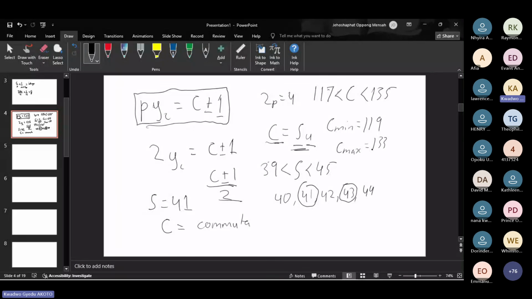So if we are using 41 as our number of slots, then the maximum number of coils per slot, U max, is going to be C max on S, which is 133 on 41. And then our minimum number of coils per slot, U min, is also going to be 119 on 41. Okay. So please calculate U max and U min for me.